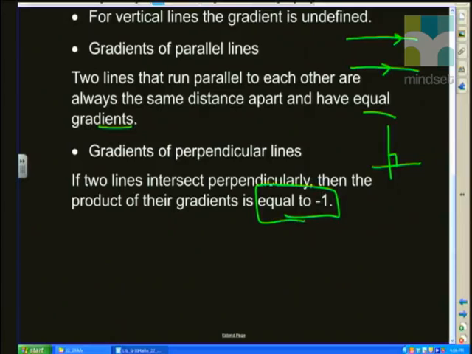So if you multiply the gradient of line 1 times the gradient of line 2, your answer will be -1. We'll look at this in detail when you go over questions, and you will see an application of where the product of perpendicular lines is equal to -1.